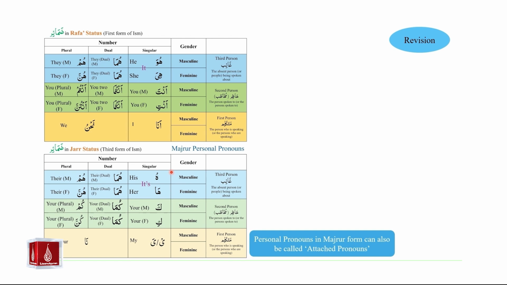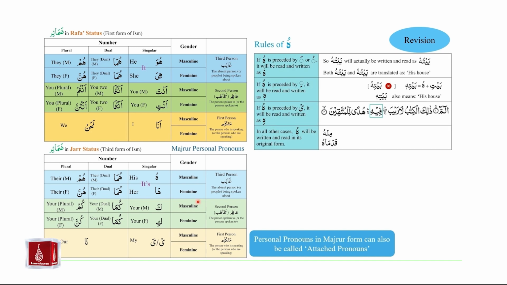Whenever the pronouns in the jar status are seen in the Arabic text, they will always be in the form of attached pronouns. We further studied some specific rules about hu. If hu is preceded by zabar or pesh, it will be read and written as hu, meaning it will have an inverted pesh on top of it.